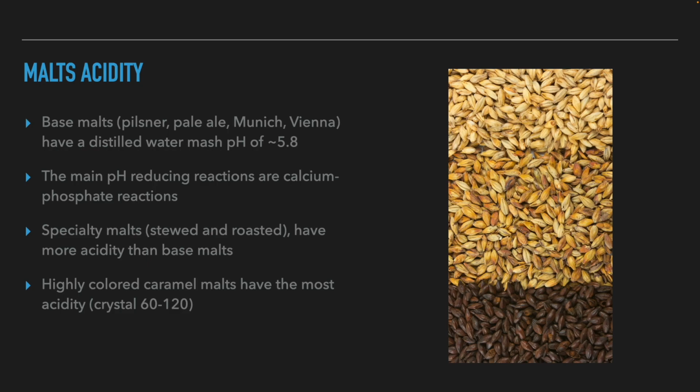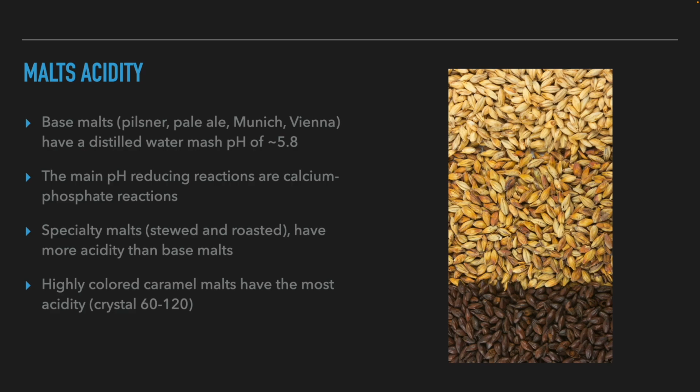The pH decreases from the neutral 7 pH of distilled water as a result of reactions between calcium and phosphate.